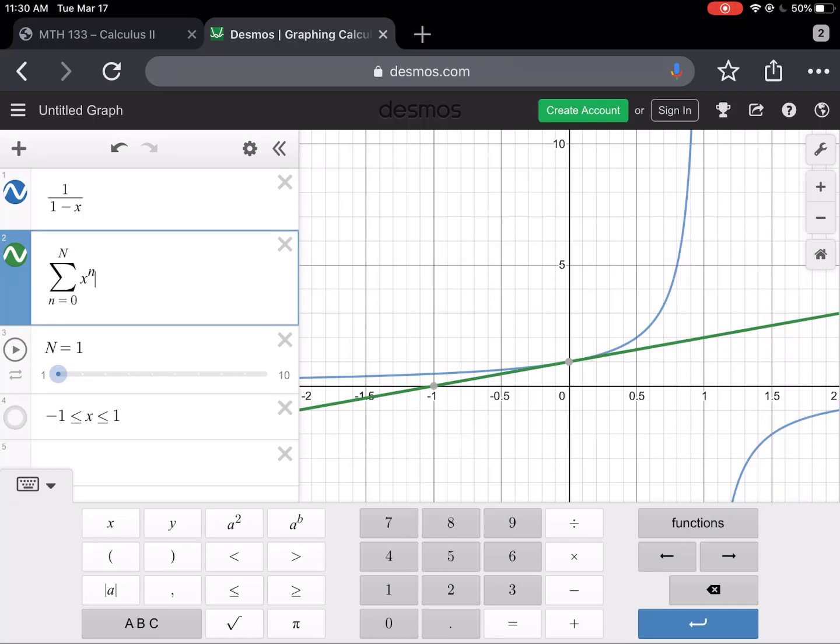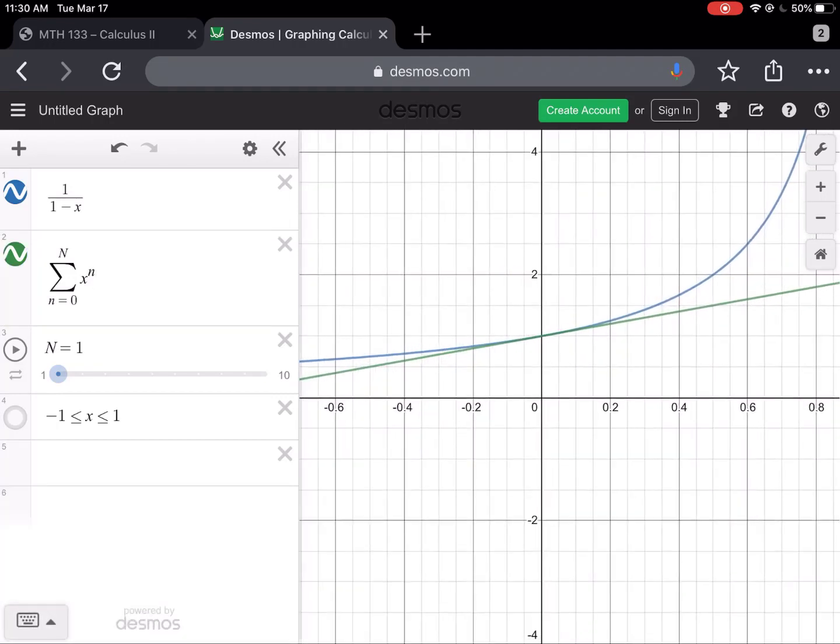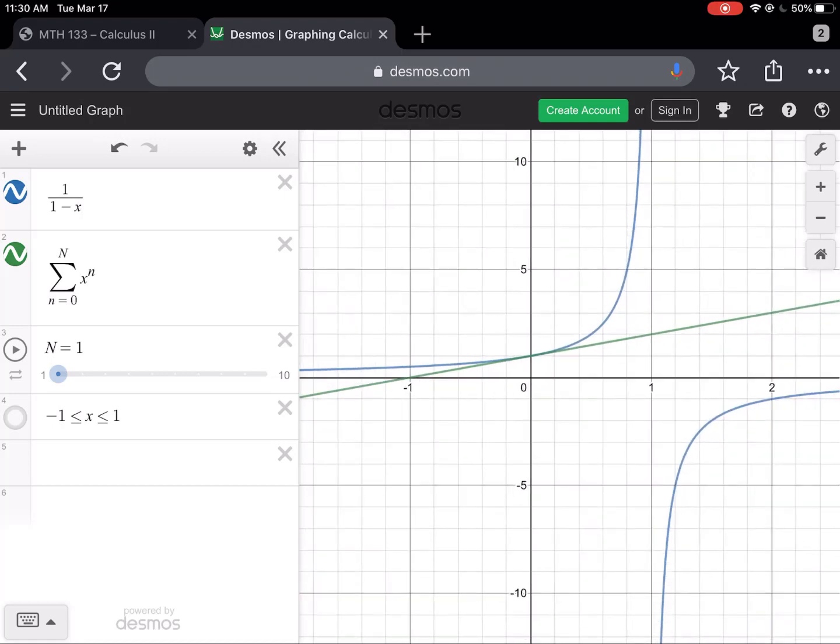So first, when we have it at n equals 1, this would be 1 plus x, which is what we've graphed here. So this green line is 1 plus x, and you can see that it's basically like a tangent line for our curve. Then I can increase this, so I can add on the x squared term, and maybe this green function is doing a little bit better.